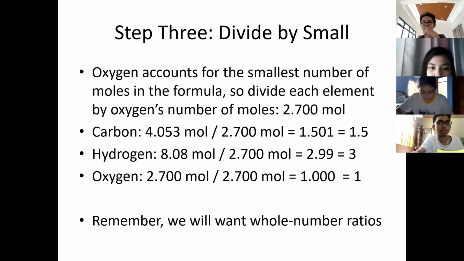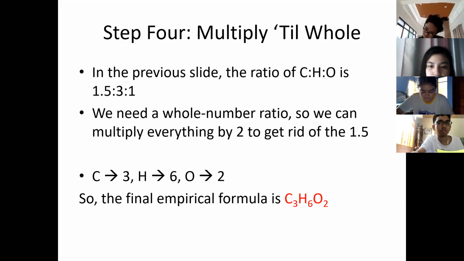And then from the ratio of each mole, if they are not expressed in whole numbers, multiply by a value such that it will come up with the least whole number possible for each element in the molecule. Thus, you'll have that as your empirical formula. Questions for this solution or this problem?